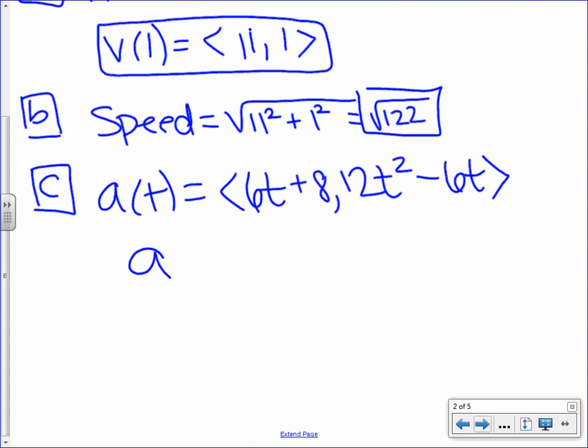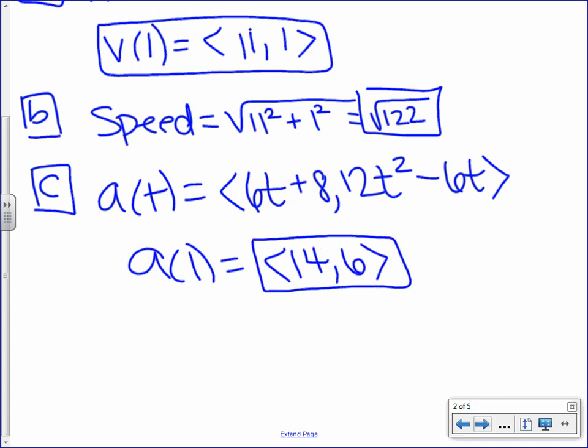Then I want it at 1, which would be 14. What's the magnitude of the acceleration? Square root of 232. Does it mean anything? No.